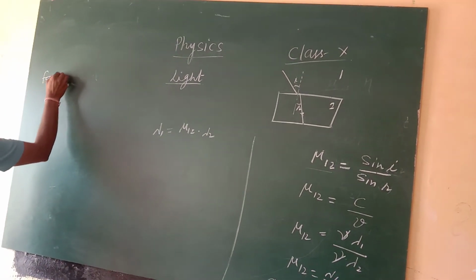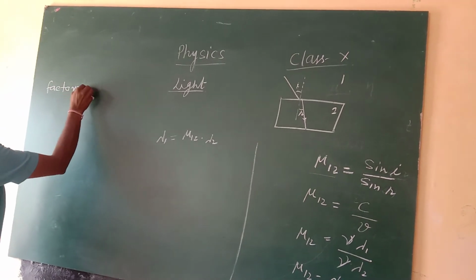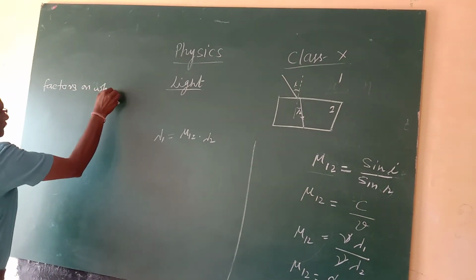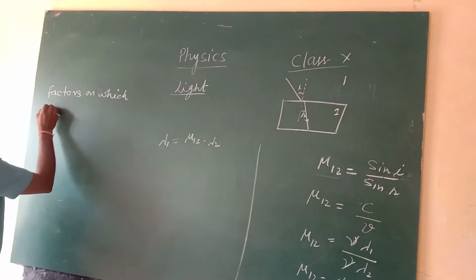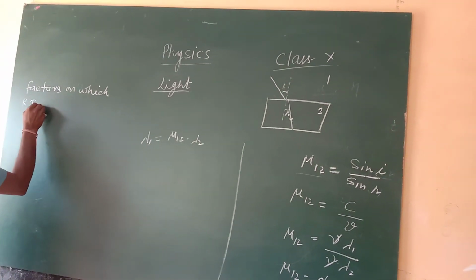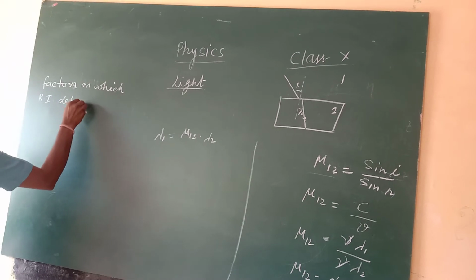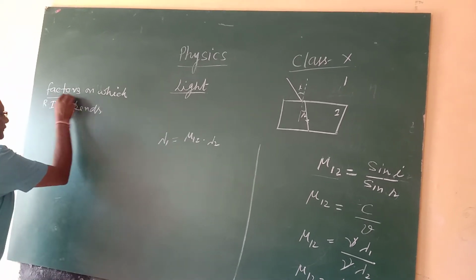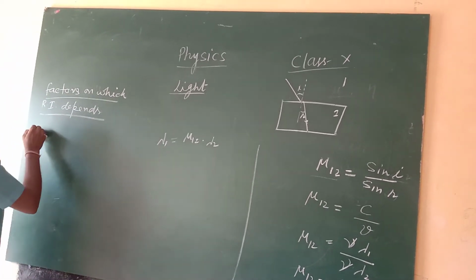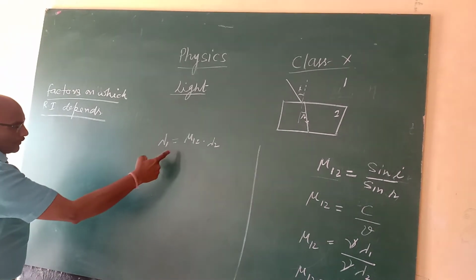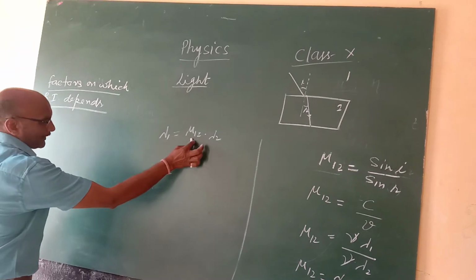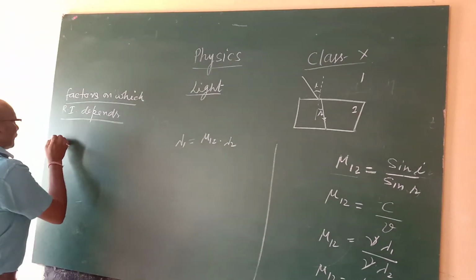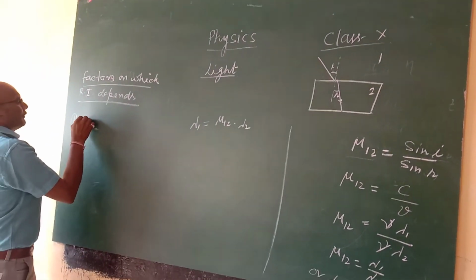Factors on which refractive index depends, and how. Factor number 1: refractive index depends on wavelength.